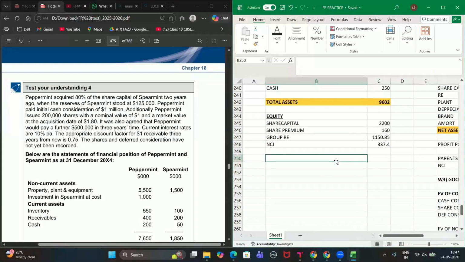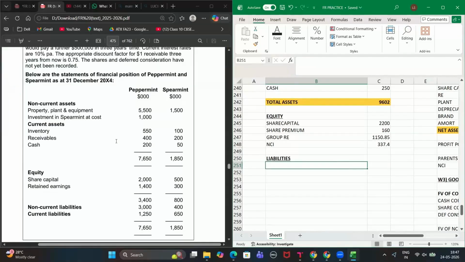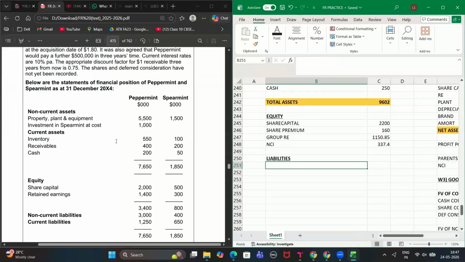Now what do we have? We have liabilities, right? What is the liability here? We have non-current liabilities.